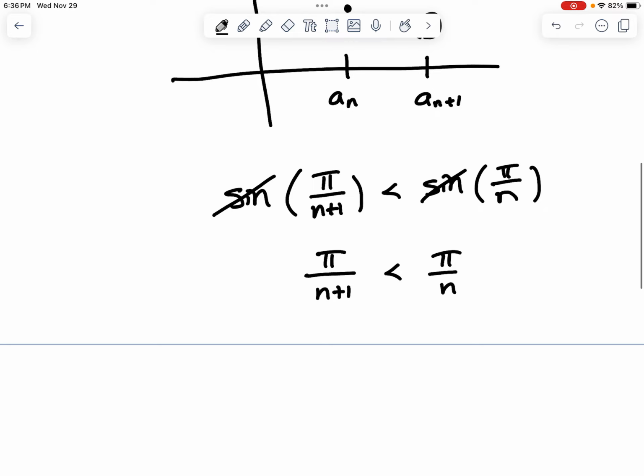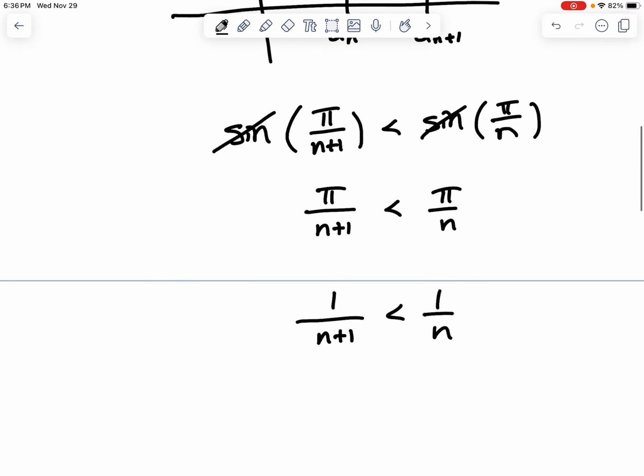And then to finish up the algebra, you could divide both sides by pi, eliminating the pi, which I usually do for breakfast. And then you could invert, and when you invert, you also need to invert the inequality. So invert each fraction.